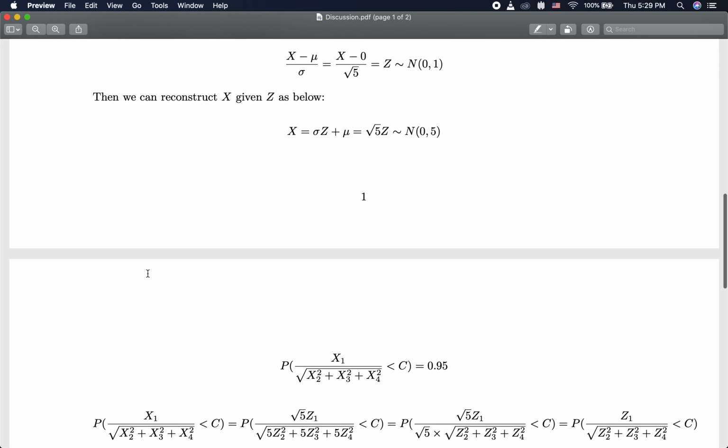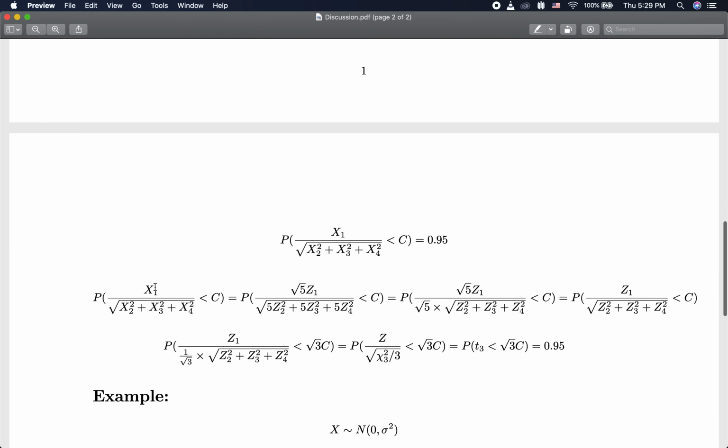So x1 from here can be constructed by square root of 5 times z. So the numerator here will be square root of 5 multiplied by one copy of a standard normal distribution. Similar for the denominator. Because these are x squared, we just do 5 times a copy of standard normal, and then take the square.